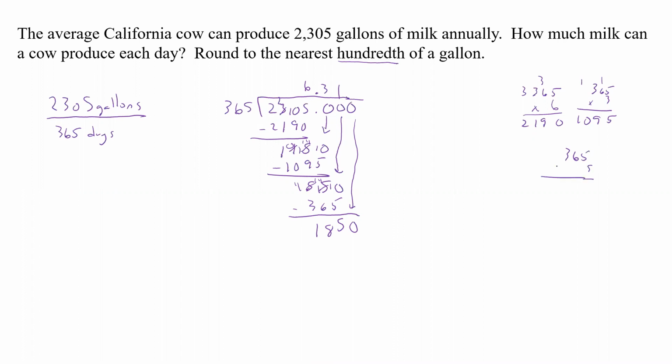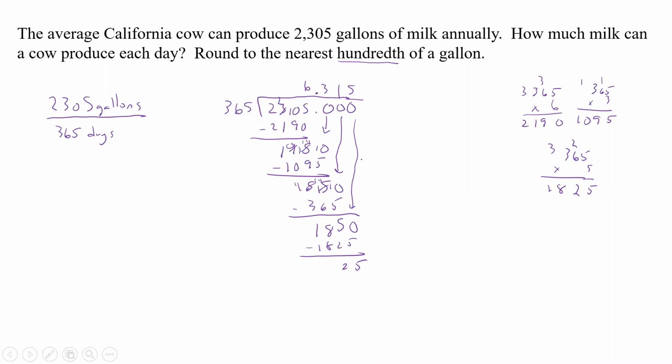Let's try that. That's 25. That's 32. That's 15 plus 3, so that's 18. So that looks good. So that's a 5. And that's going to be 1825. Subtract that off. That's going to give us 25 left over.